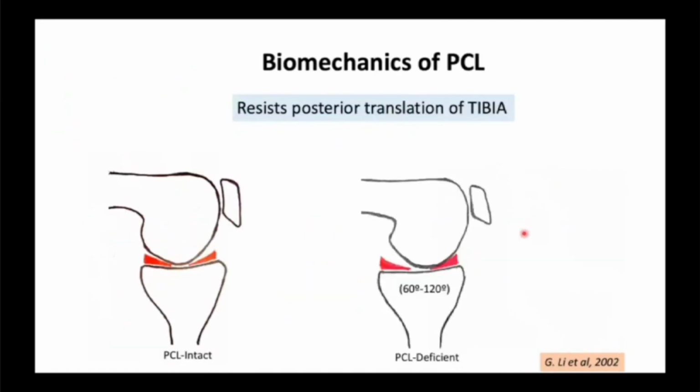Another biomechanical function of the PCL is that it resists posterior translation of the tibia. This is the PCL intact knee and the PCL deficient knee. As it resists the posterior translation, in a PCL deficient or PCL torn knee, the tibia tends to go posteriorly.